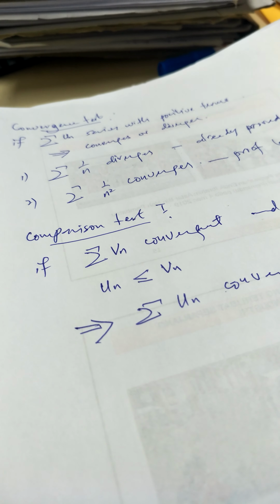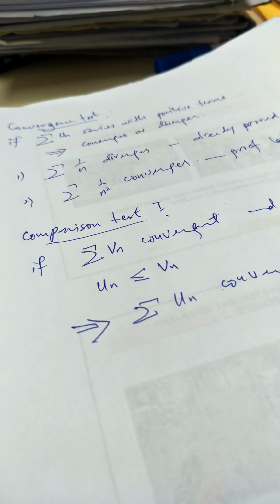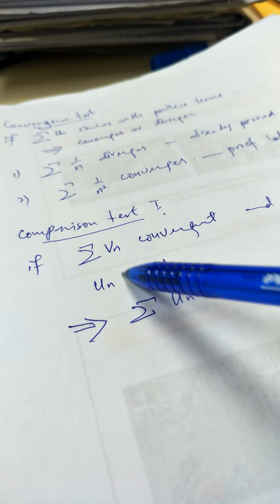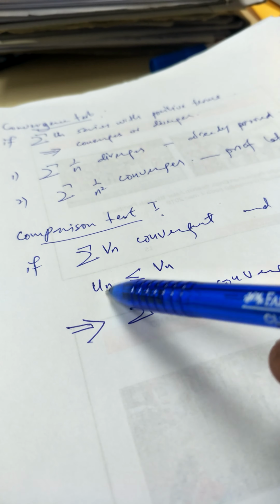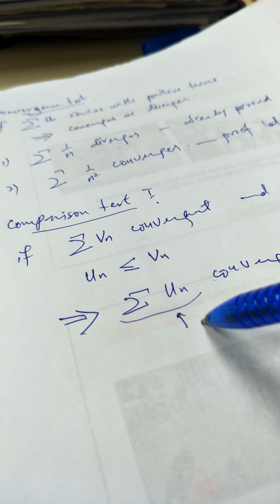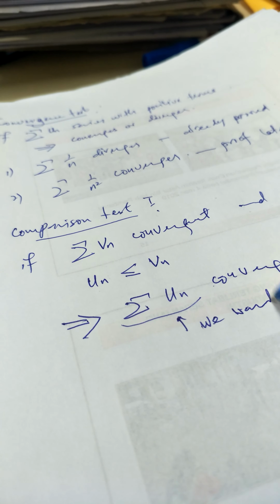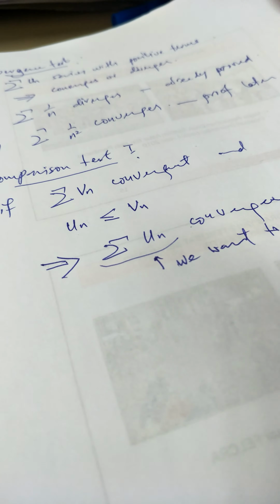We may select the known series with convergent behavior, then we can determine Un converges. Un in this case is the one that we want to determine. We don't know the behavior of that series yet. This is the first case.